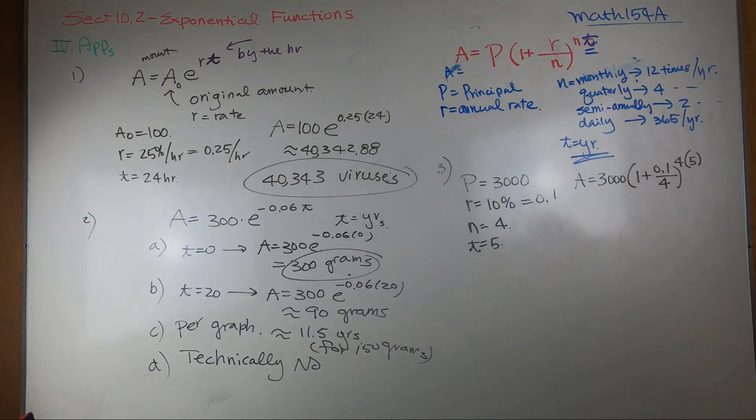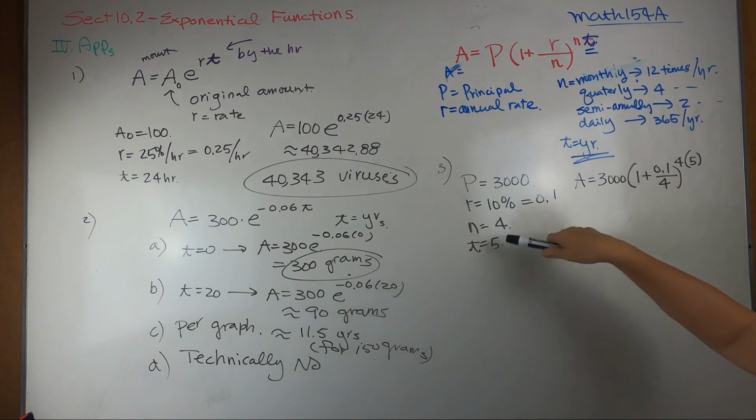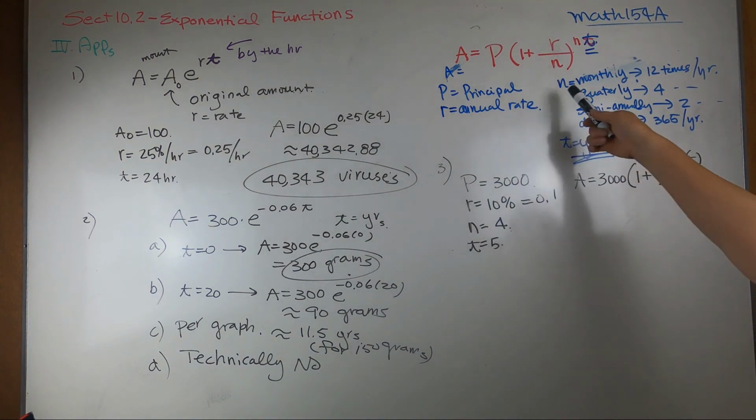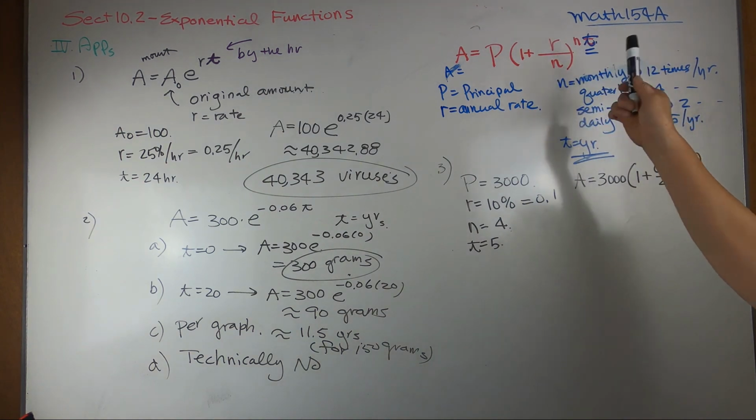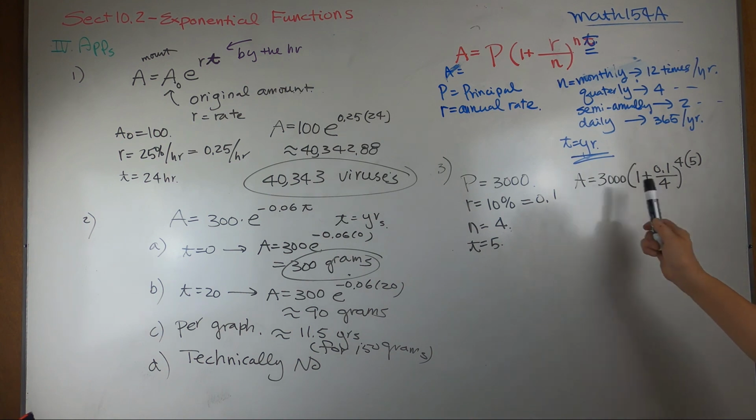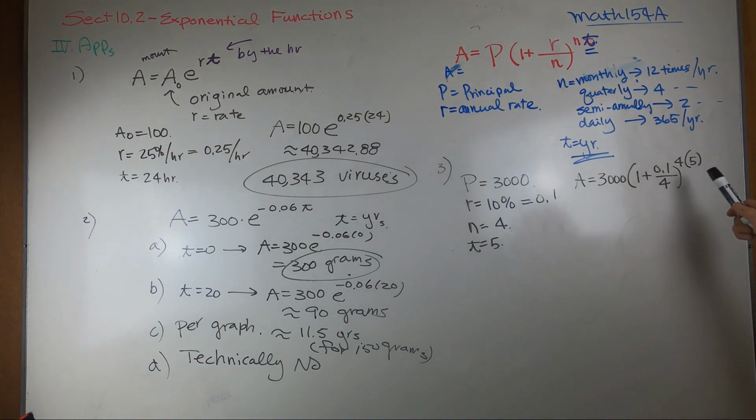You will learn the reason behind it in pre-calc or business calculus. This portion is high school algebra, so we don't explain how you get this formula. You just plug in and see if you can find the answer first.